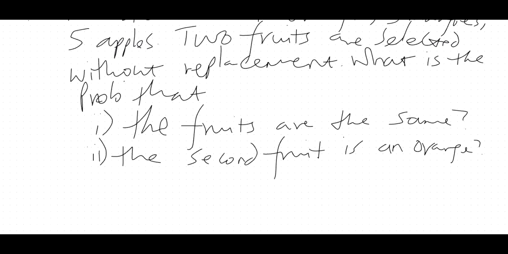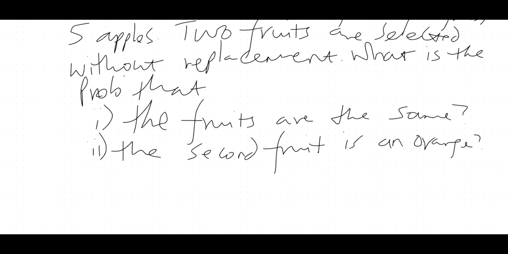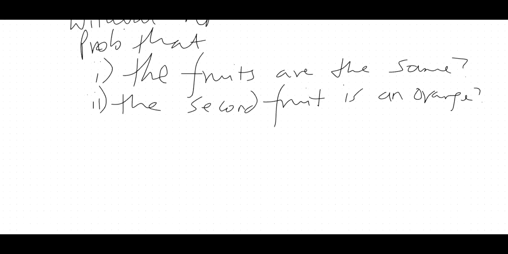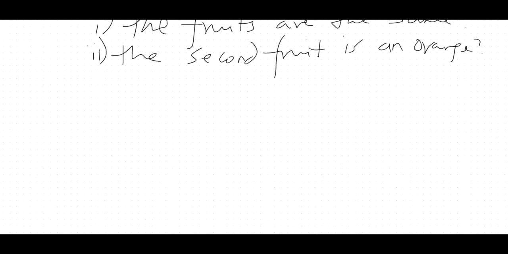Okay. So we can attempt to represent this information in a tree diagram. Okay. So solution. So using now a tree diagram. So there are three different fruits.